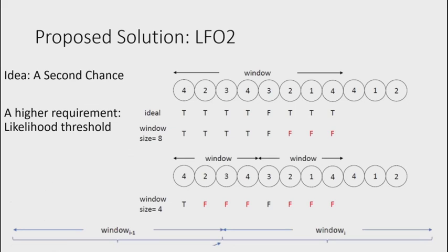So what is the solution? The solution is that when we deduce the optimal decisions, we give objects that are being requested for the very last time in a window a second chance. For example, for 2, 1, and 4, before marking them as not to cache, we think again.